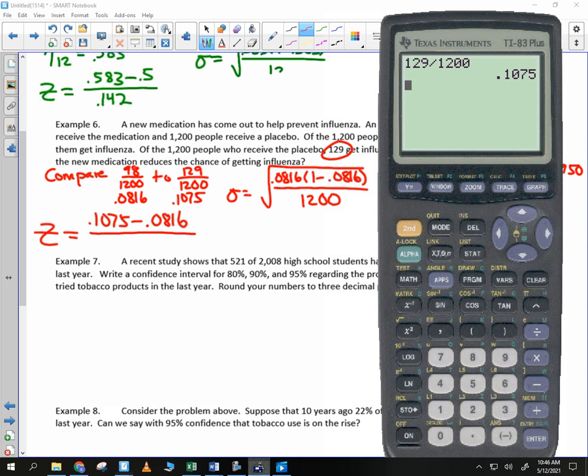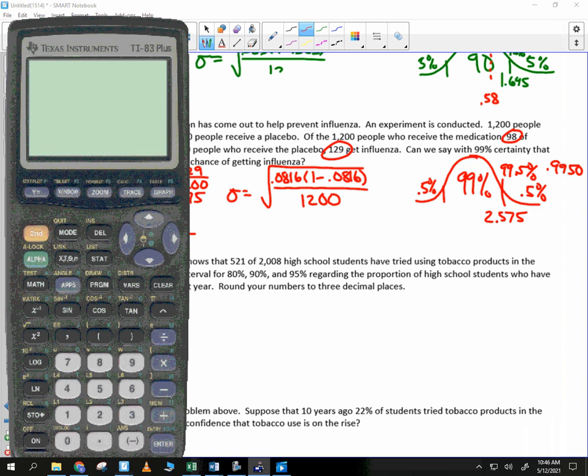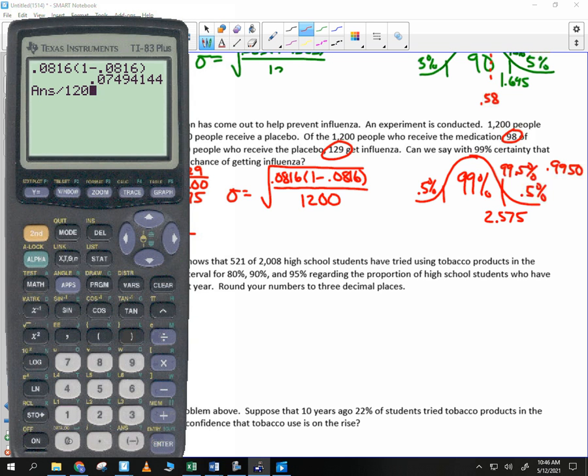So I'm going to calculate that: 0.0816 times 1 minus 0.0816, divided by 1,200. And what do I do with that result? The square root. .008. Can we go with .008?